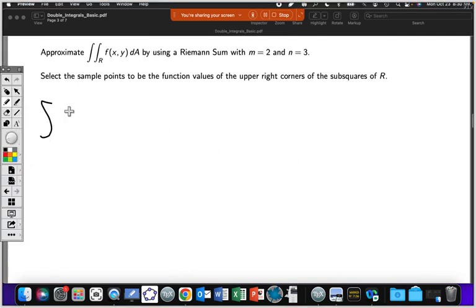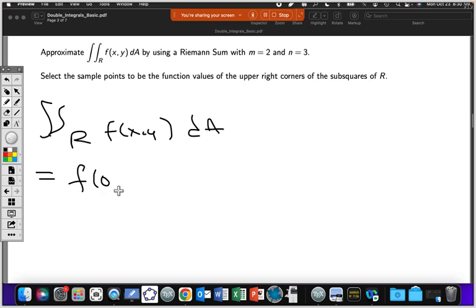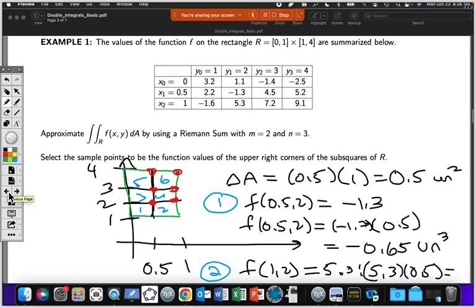So the double integral over R of f of x, y dA would be just going through each of those values. So we'd have f at 0.5, comma 1 times 0.5 plus f at 1, comma 1. Wait, I'm sorry. Was that 1 or 2? We were doing, it's at 2.